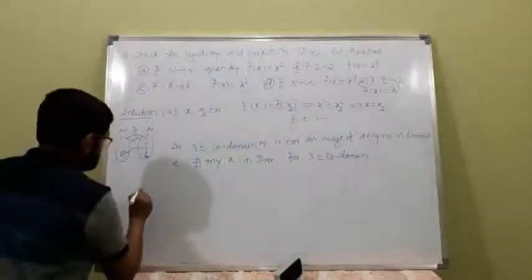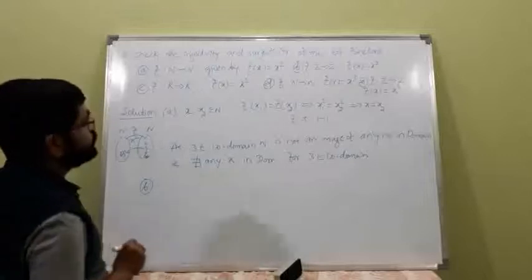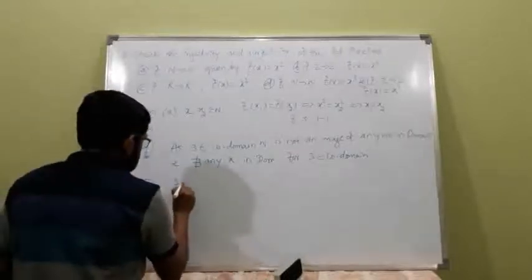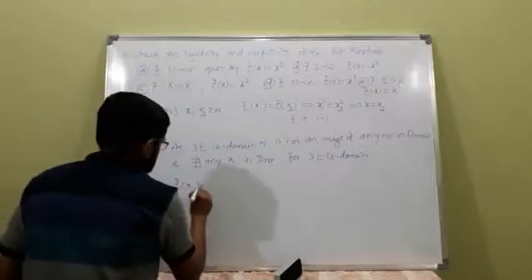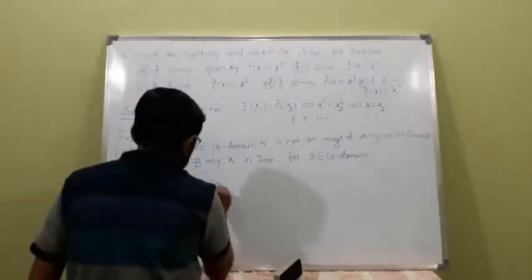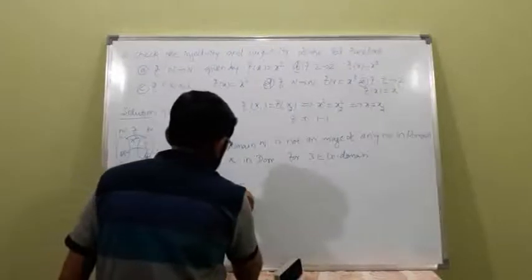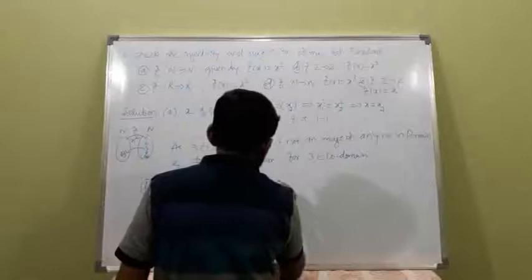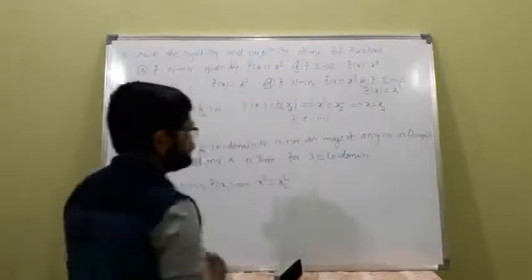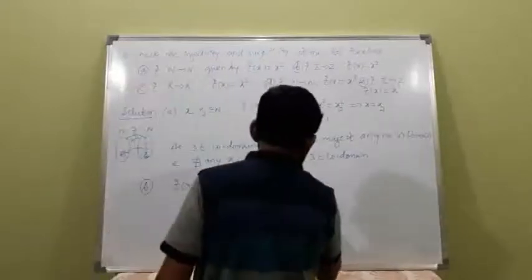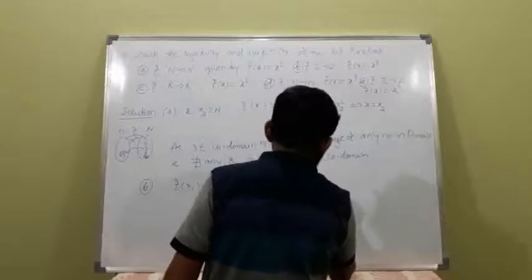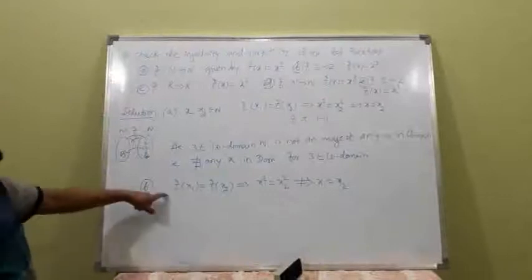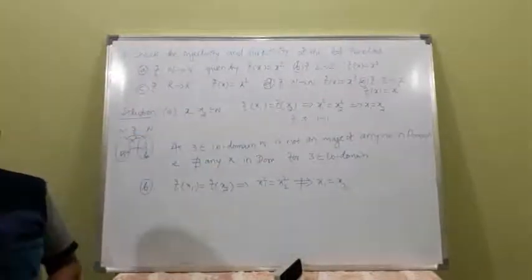Similarly, case 2, f(x1) is equal to f(x2) implies x1 square is equal to x2 square, but this does not imply x1 is equal to x2, because x1, x2 are elements of the integers here.